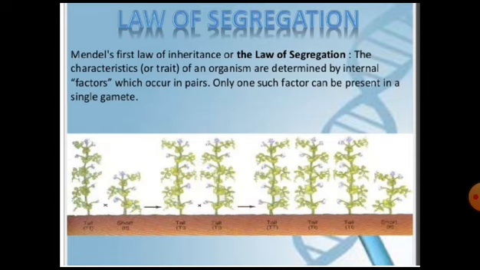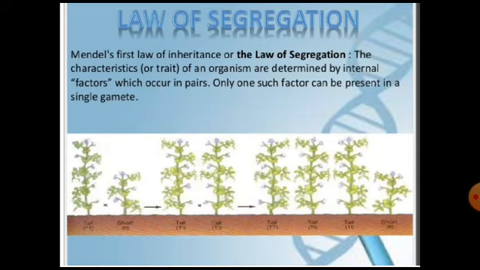That means the traits of an organism are determined by the internal factors, the term used by Mendel. Now we can replace the term factor by gene. Thus, the characters of an organism are determined by genes which occur in pairs. That means there are two genes for a single character.